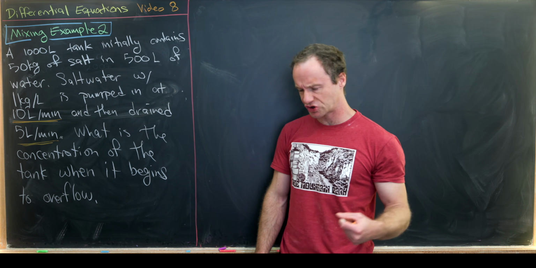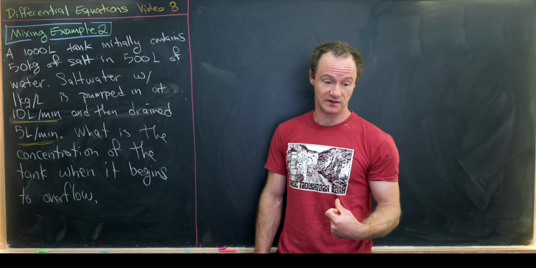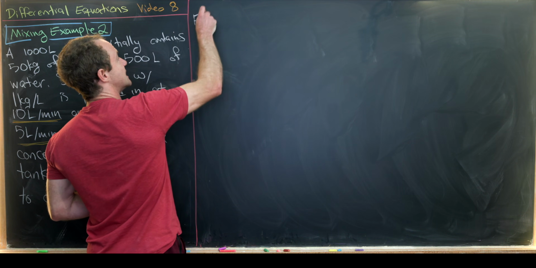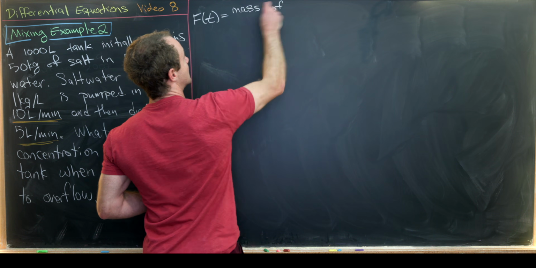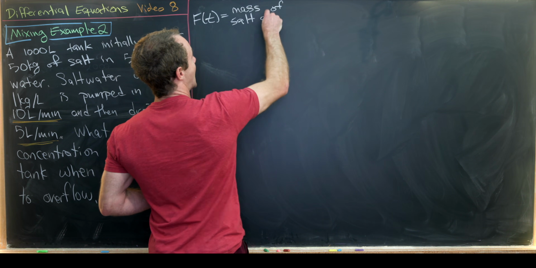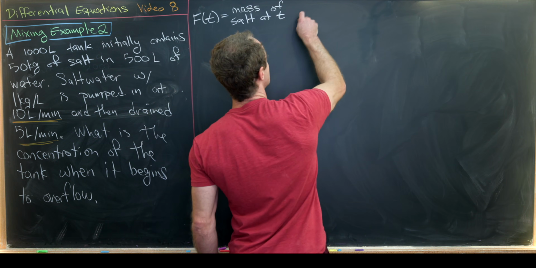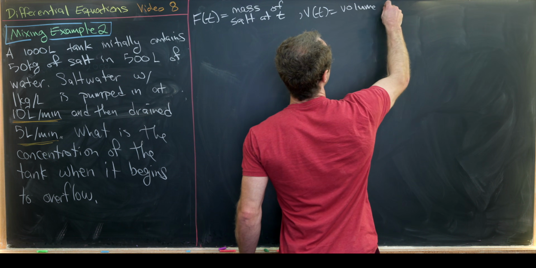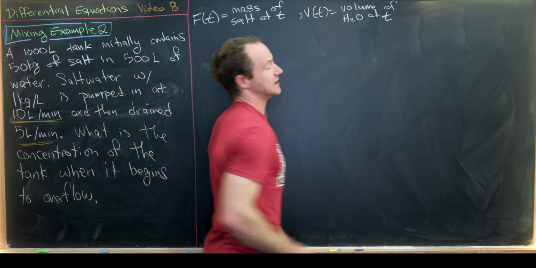Okay, so let's start by making a differential equation for the amount of salt in the tank and then take it from there. So introducing some notation, let's say F of t is the mass of salt at time t. And then V of t will be the volume of water at time t.